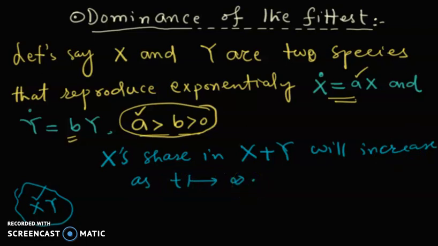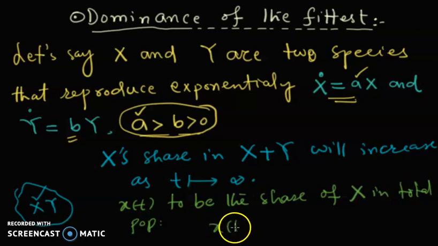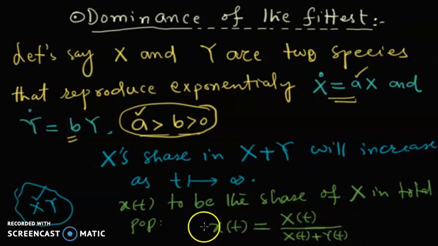So far so good. If we suppose small x to be the share of X in the total population, then it must be given by small x of t equal to capital X of t divided by capital X of t plus Y of t. So this is going to be the share of X in the total population.